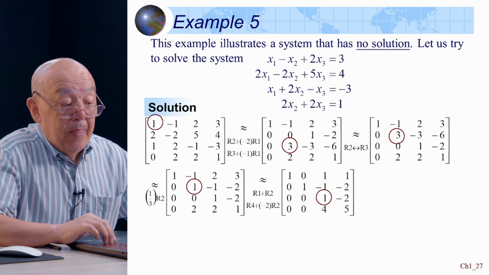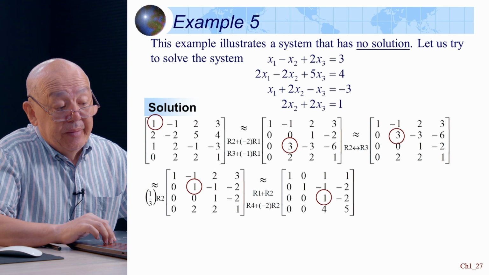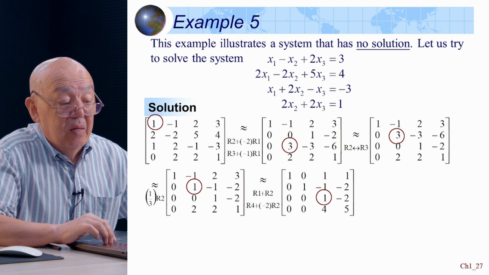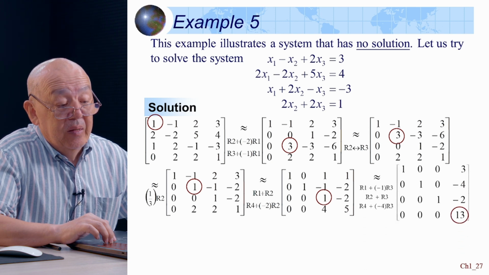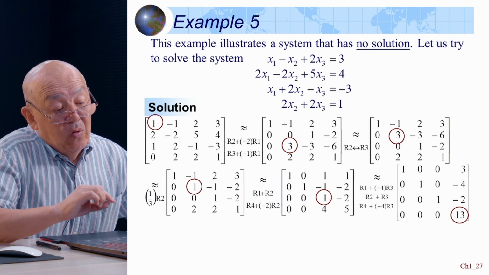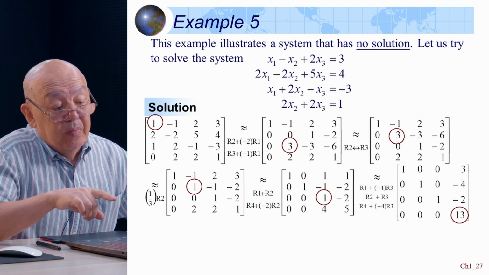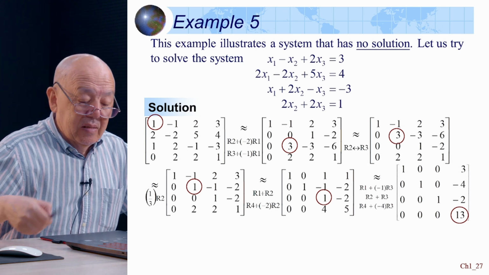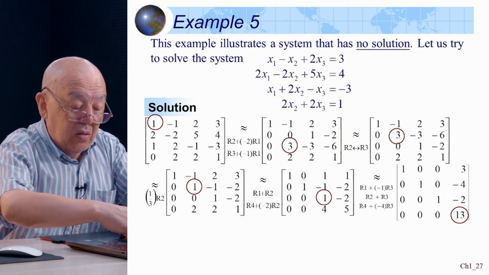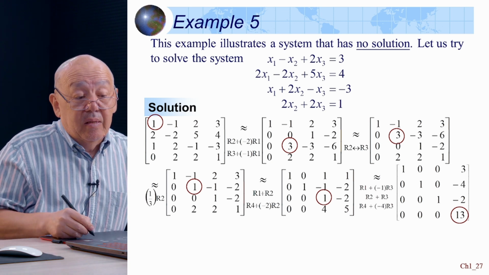Now choose first non-zero element. Luckily it is 1. Non-zero element of third row as pivot. Use it to clean third column. And we get the following. Look, we get a row where all the entries except the last one are 0. Look at the last row of this matrix.